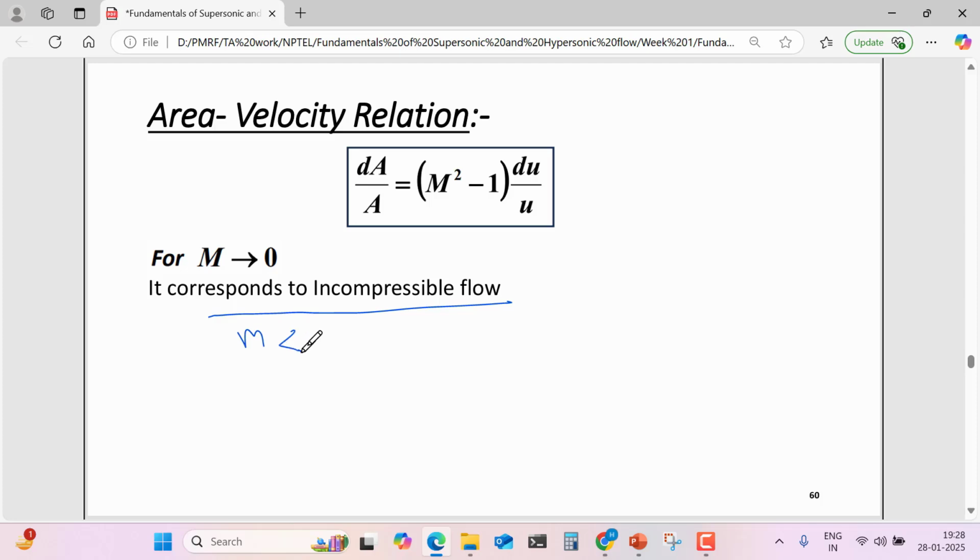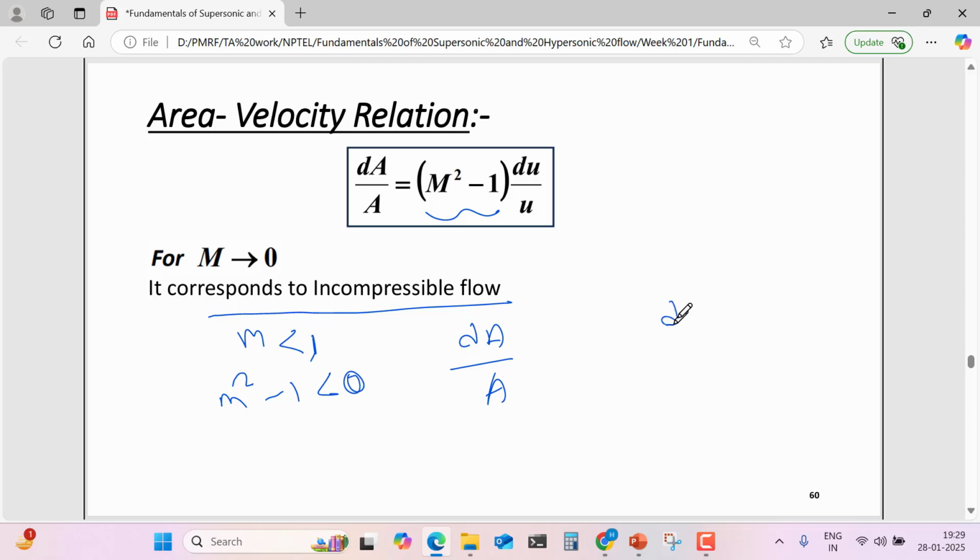If, let's say, M is less than 1, then this M square minus 1 will be negative.